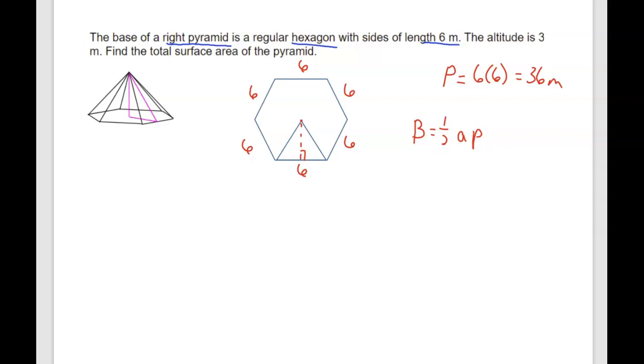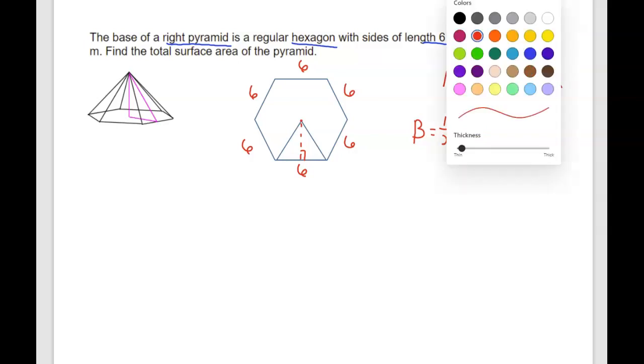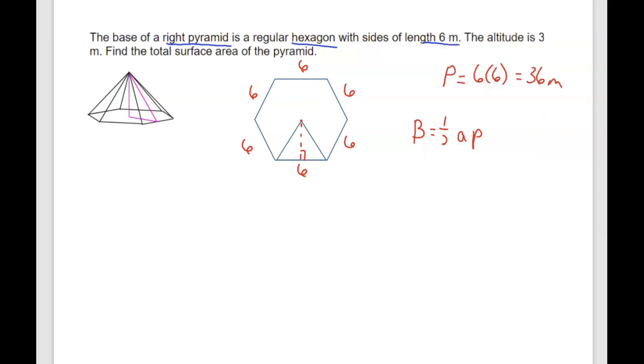One of the things about a regular hexagon is that these sides are all equal to each other. So whenever I form this triangle here, I know that all of these sides are equal.